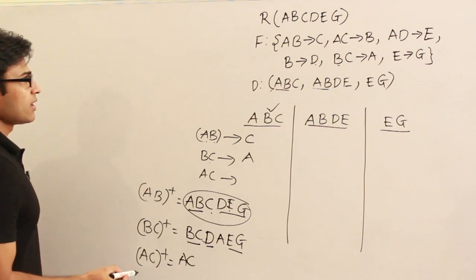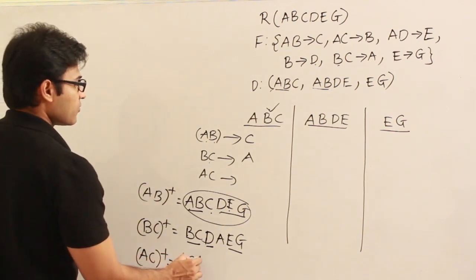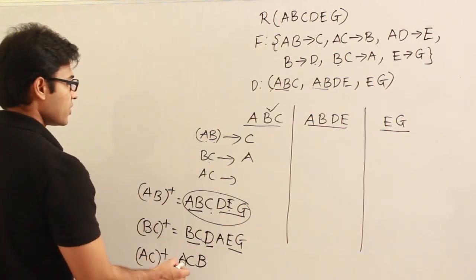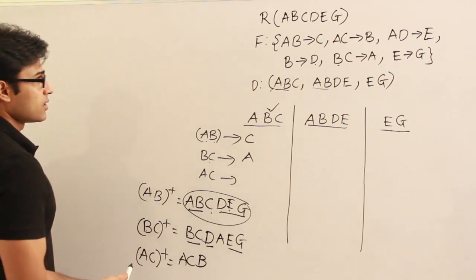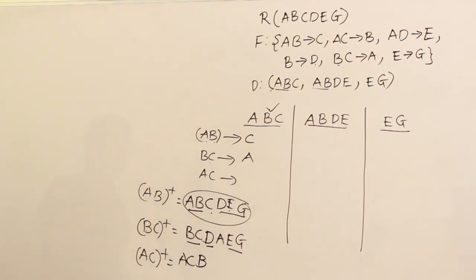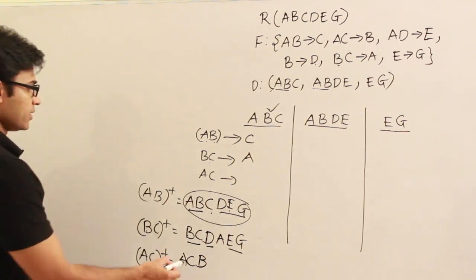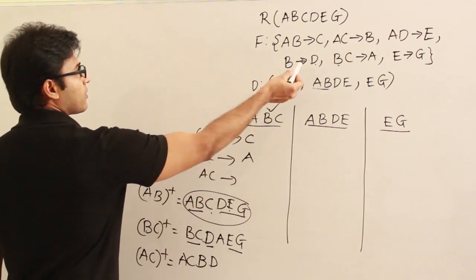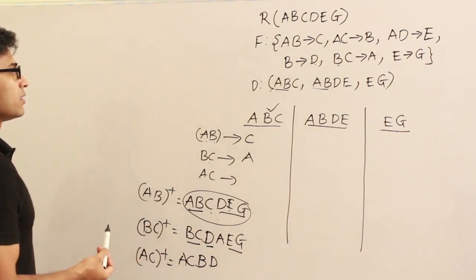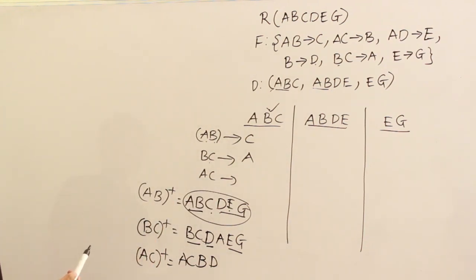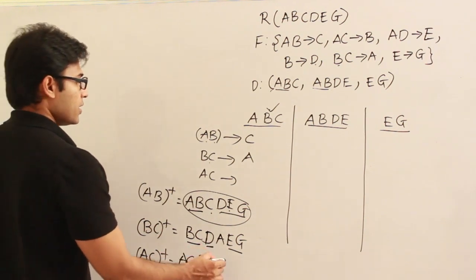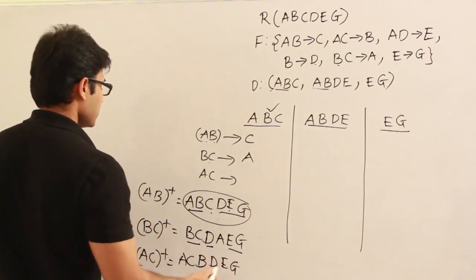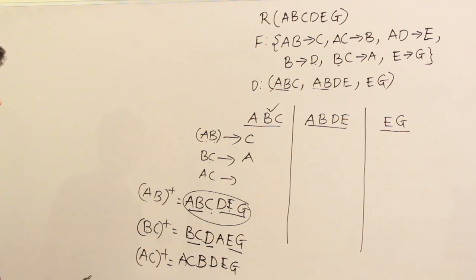What about AC plus? I get AC, and because of AC I get B, and because of AB I get C, and because of BC I get A, because of B I get D, right? Because of B I got D, and because of AD I get E, and because of E I get G. Therefore AC is also a key.